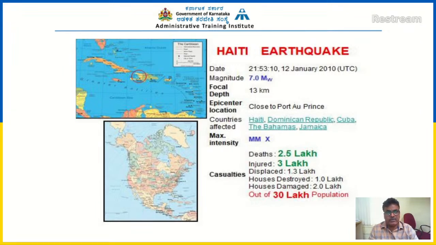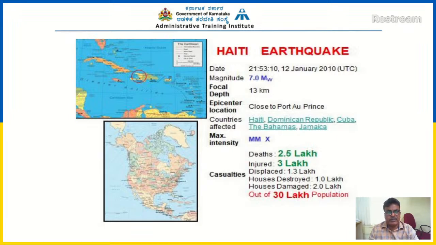So that is the kind of effect on the people. You can see the casualties. 1.3 lakh people were displaced, 1 lakh houses were destroyed, and about 2 lakhs were damaged. Out of a 30 lakh population, almost 5.5 lakh people have gone.